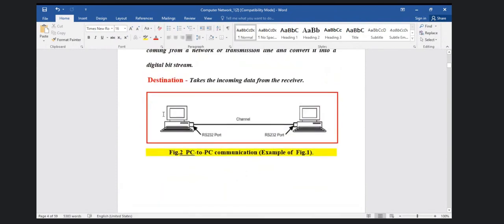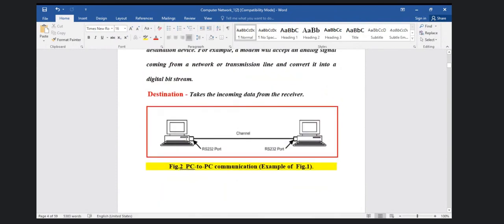Now this is computer communication through an RS-232C link. This link is made up of copper wire, and this is an example of computer communication.